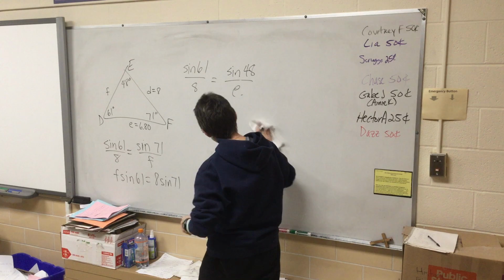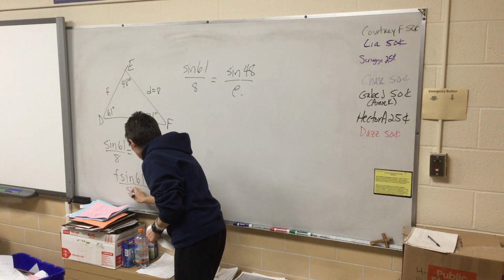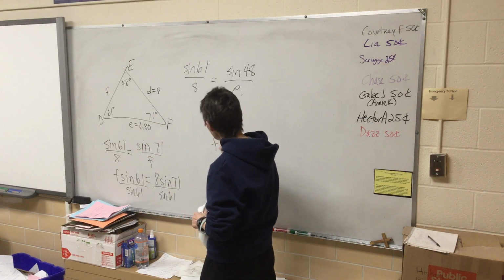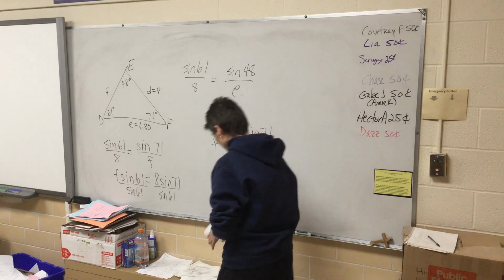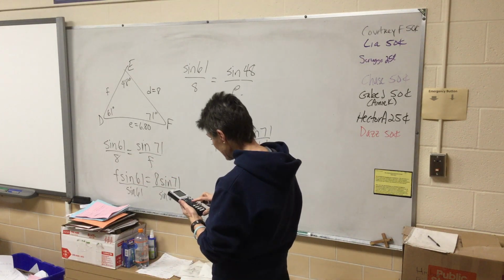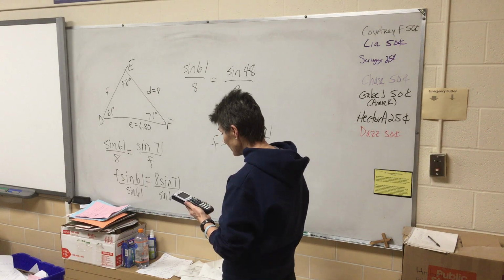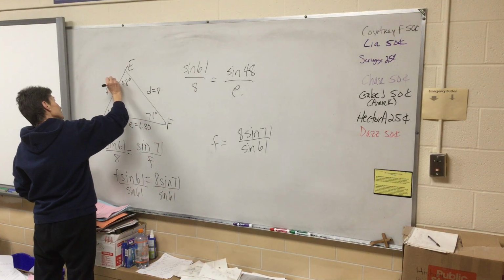And then we'll divide both sides. So I'm going to type into my calculator 8 sine 71 divided by sine 61. And I got 8.65 for that one.